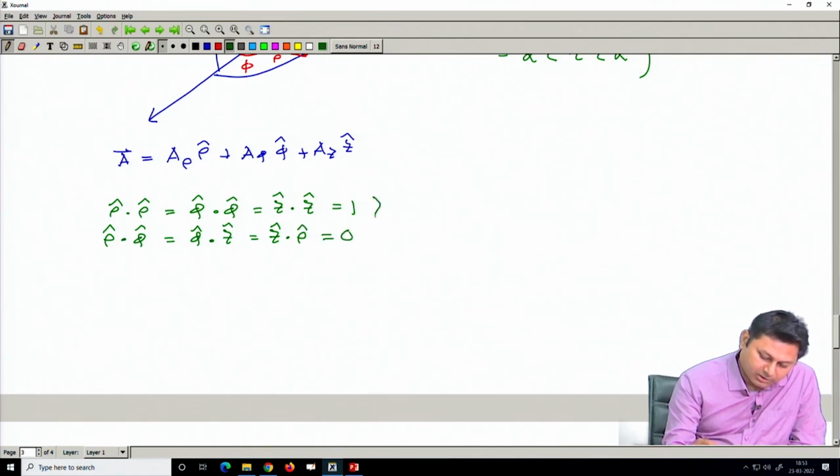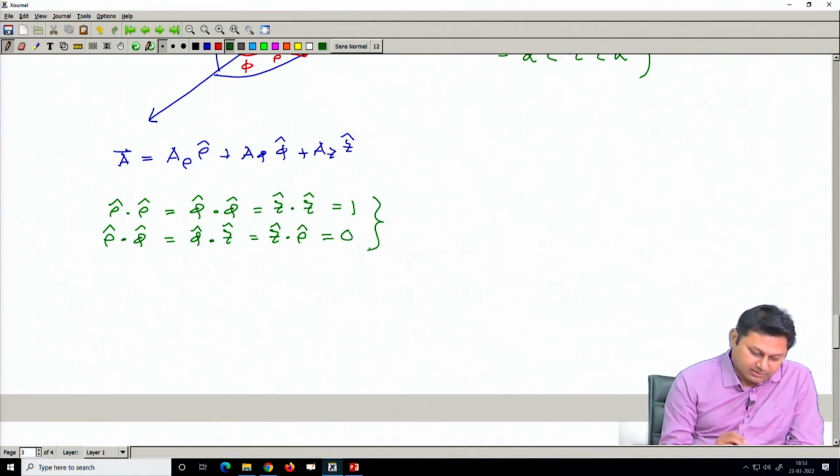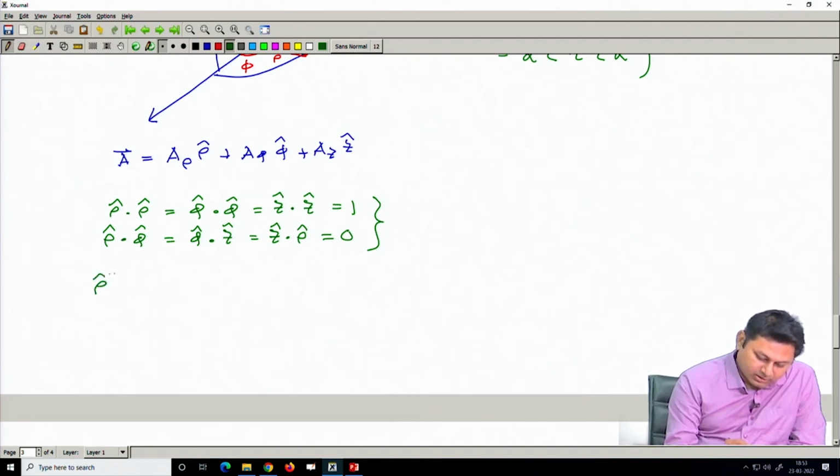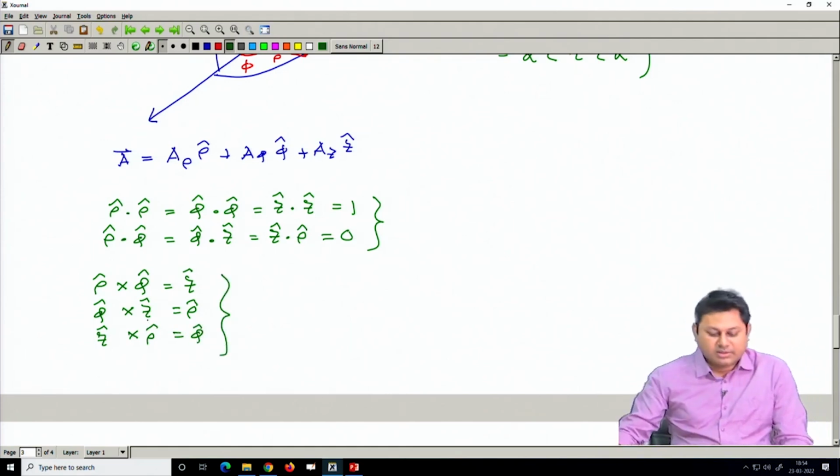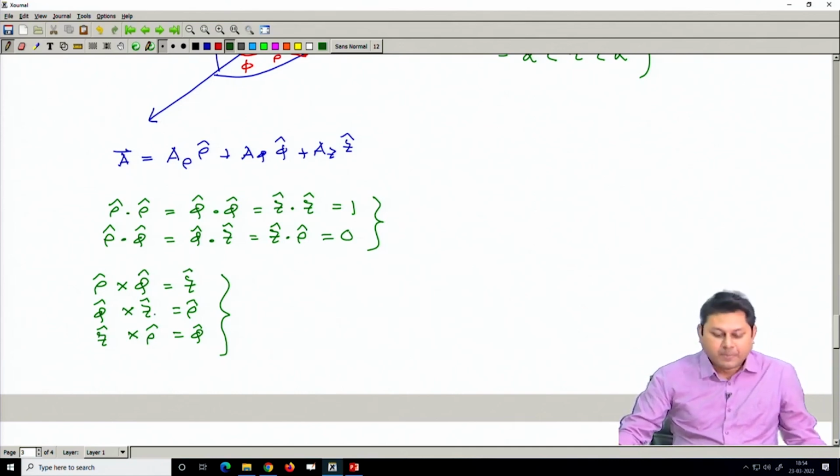That means they are forming an orthonormal basis. Not only that, this is a right hand system. So, rho cross phi gives you z, phi cross z gives you rho, and z cross rho gives you phi unit vector. So they are forming a right hand orthonormal basis.